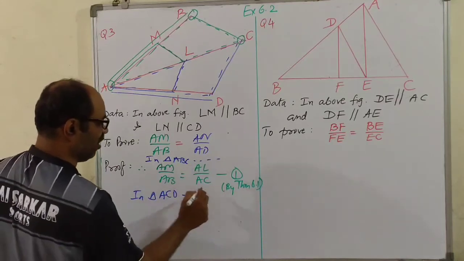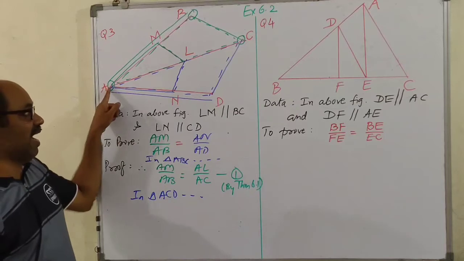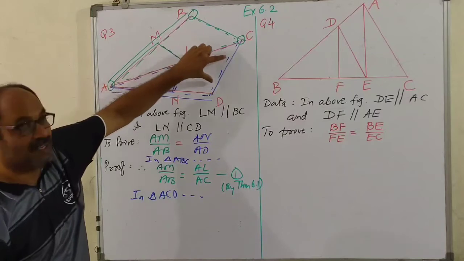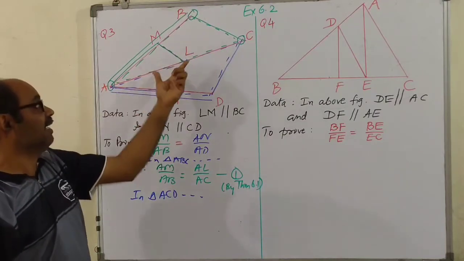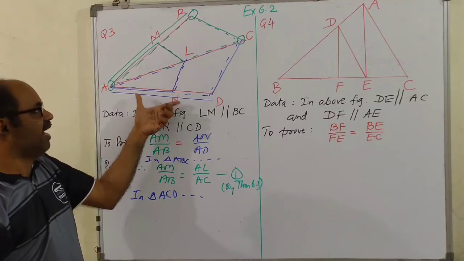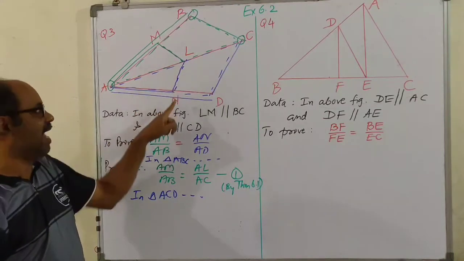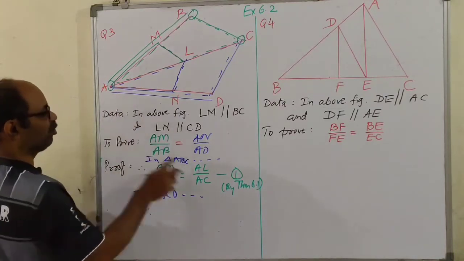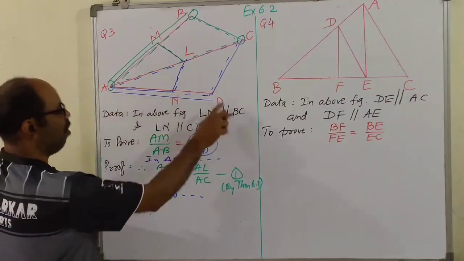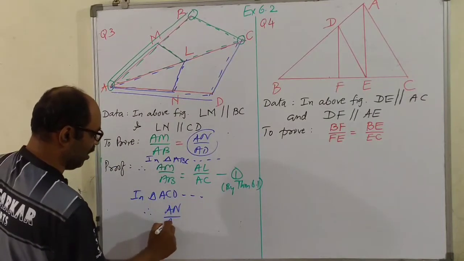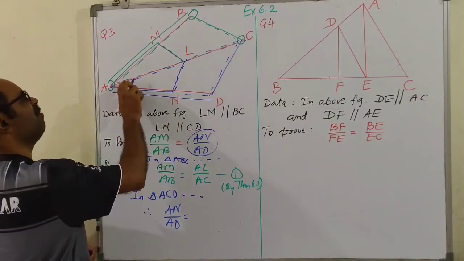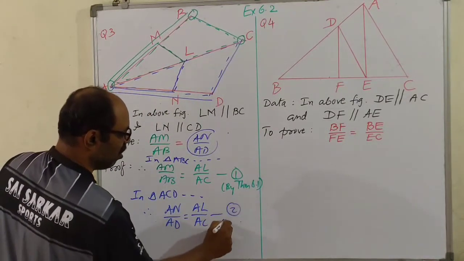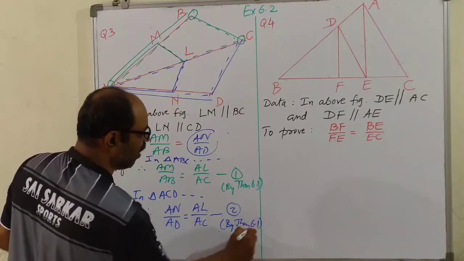Tell me, in triangle ACD, LN is parallel to CD and it intersects AC and AD respectively in points L and N. Therefore, AN upon AD is equal to what you get from here, AL upon AC. Result 2, once again by theorem 6.1.